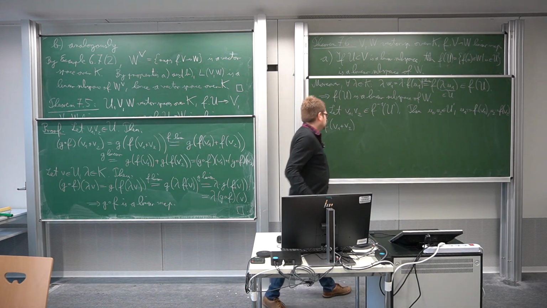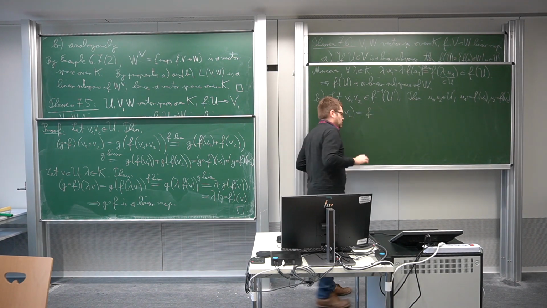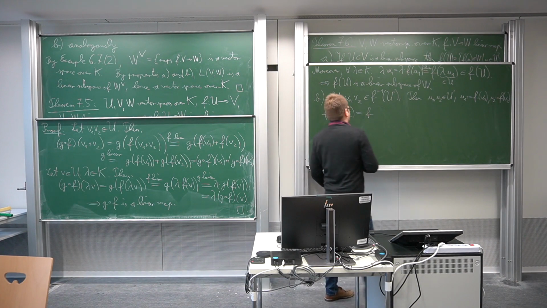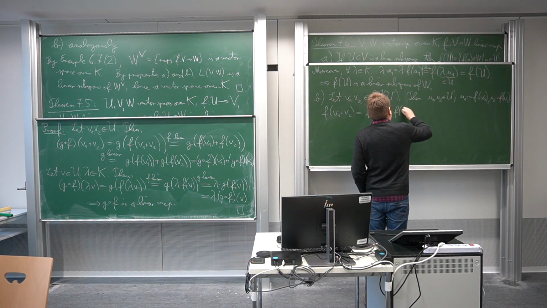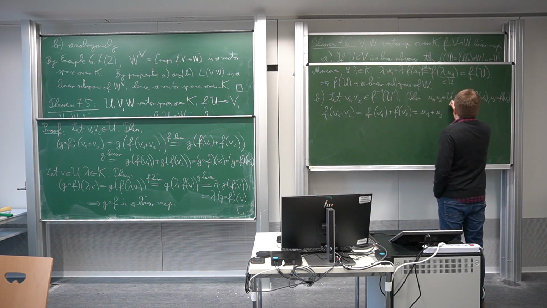Now, how do we see this? Again, linearity. I'm not writing down every single time that I use linearity, since this is pretty obvious at this point. So this is the same as f of v1 plus f of v2. This is by definition u1 plus u2, and these two are in U prime.